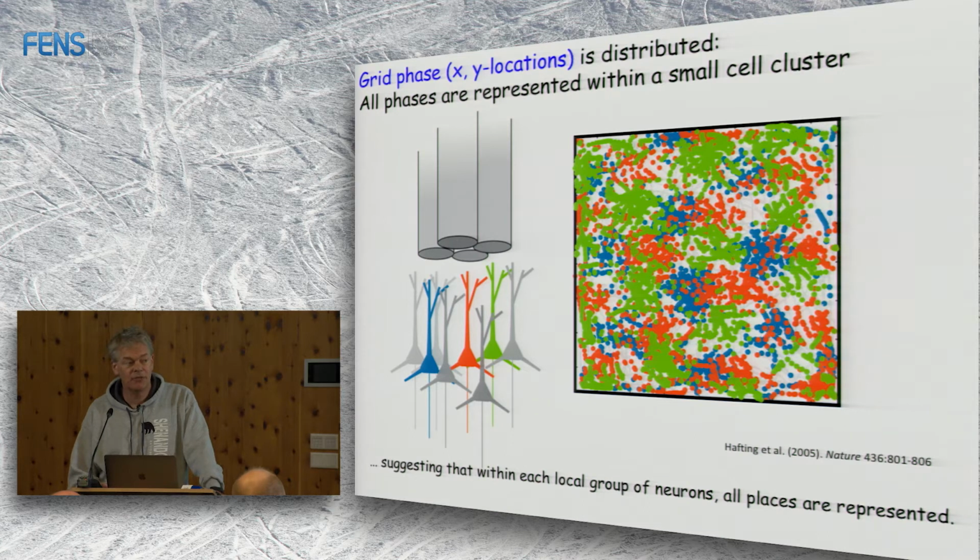That may be different when you go down to the really close connections, but at a larger scale, over 50 microns, there seems to be no relationship between the XY position of different grid cells.